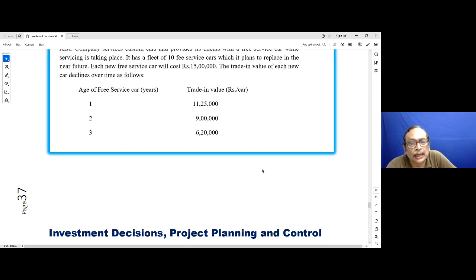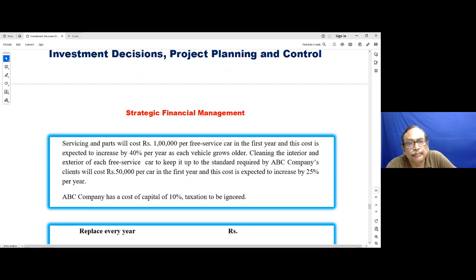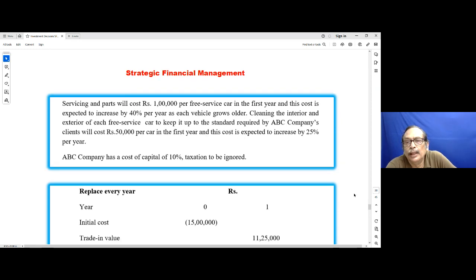Age of free service cars in years and trade-in value per car, so gradually it is declining. Servicing and parts will cost rupees 1 lakh per free service car in the first year, and this cost is expected to increase by 40% per year as each vehicle grows older.